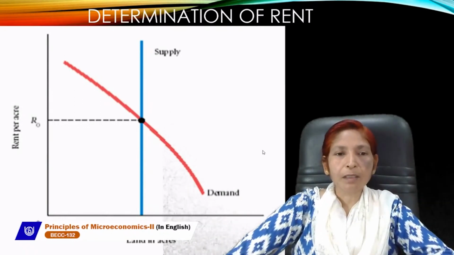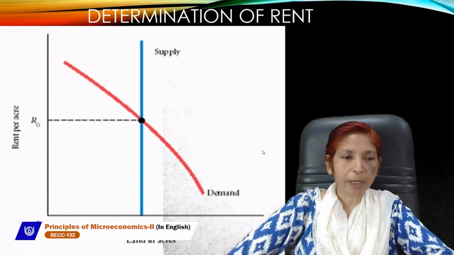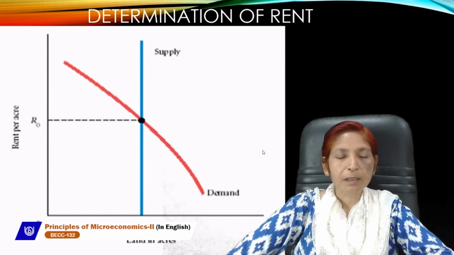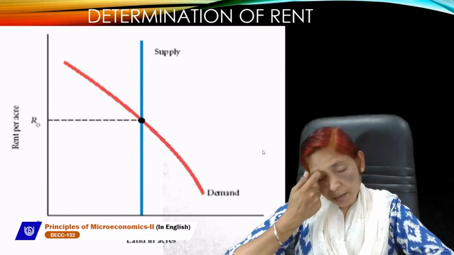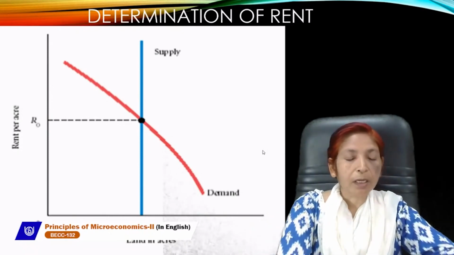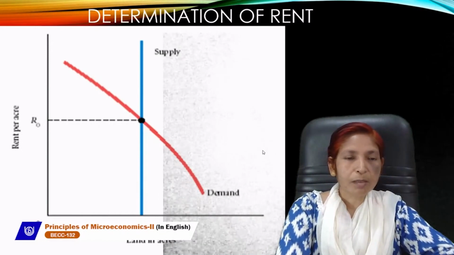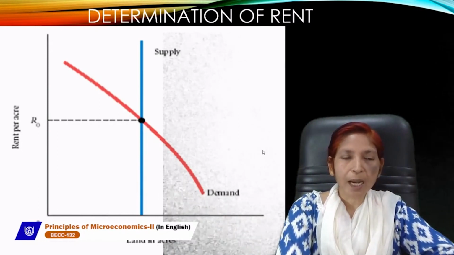Where the factor demand and factor supply curves intersect each other, factor price is determined. In the same way, where the demand for land and supply of land curves intersect each other, equilibrium rent is determined. Here the equilibrium point is E. The blue line represents the supply of land.